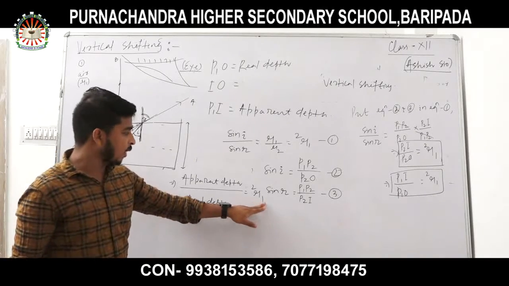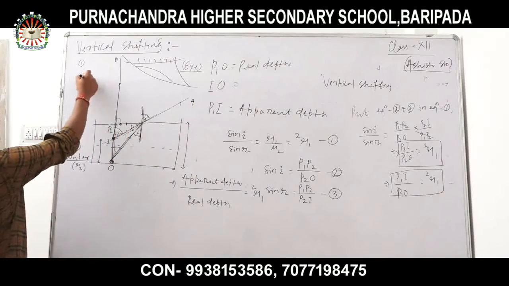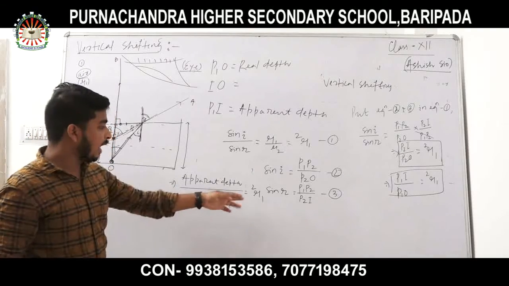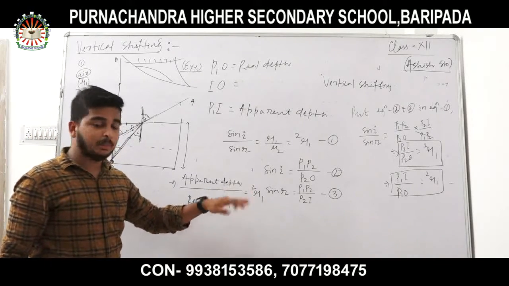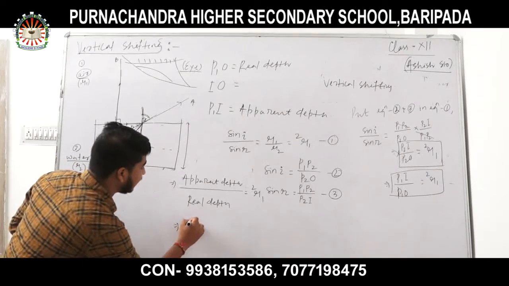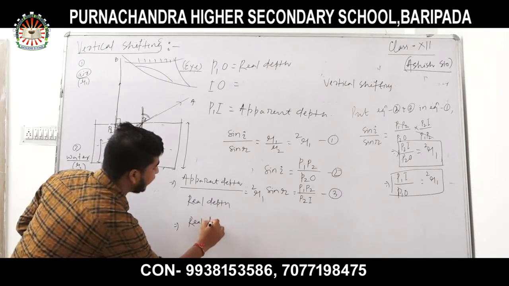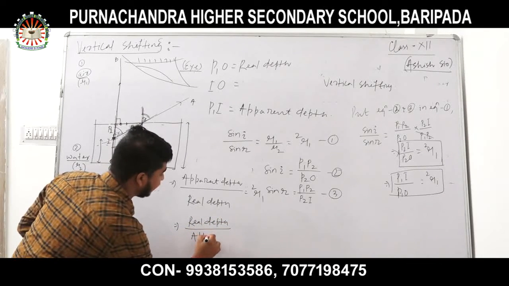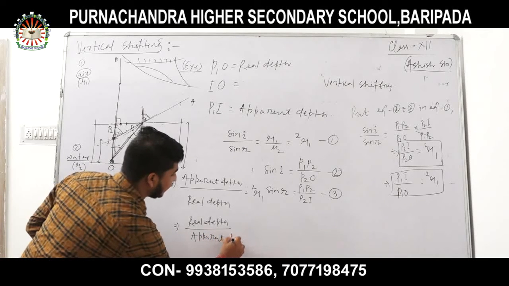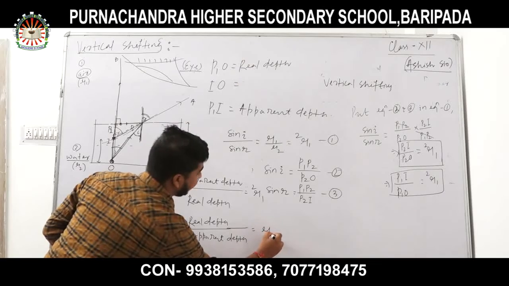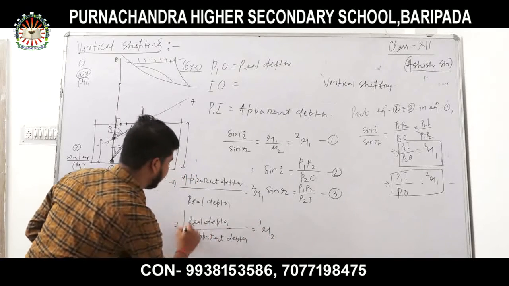In medium 1, I have taken air, and we know the refractive index of air is 1. So I can just invert this: real depth divided by apparent depth is equal to the refractive index of medium 2 with respect to 1.